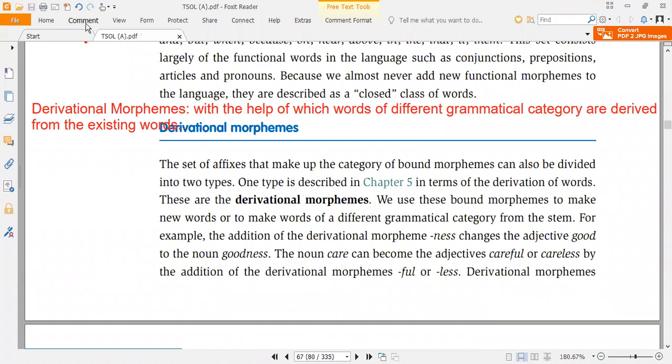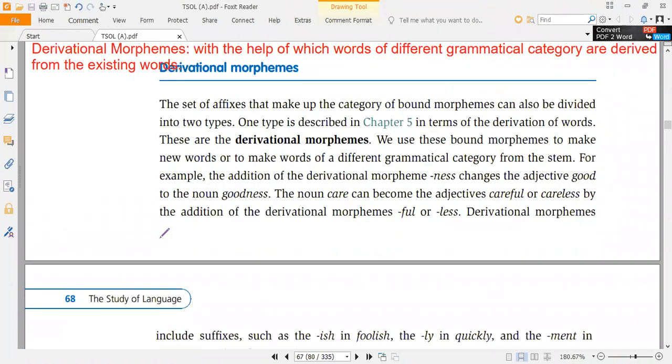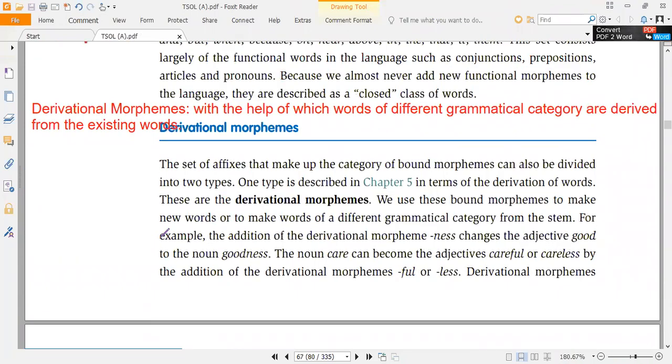The derivation morphemes means those morphemes with the help of which new words of different grammatical categories are derived from the existing words.